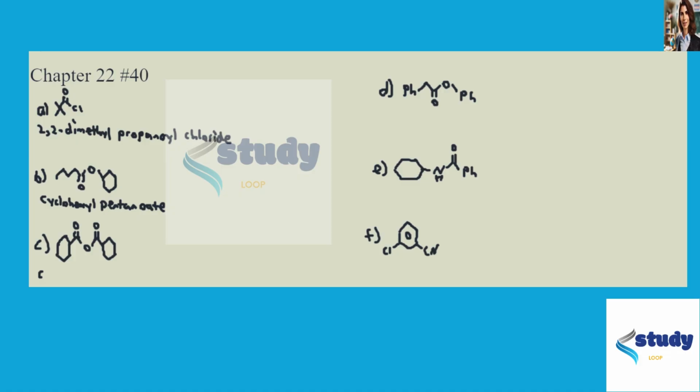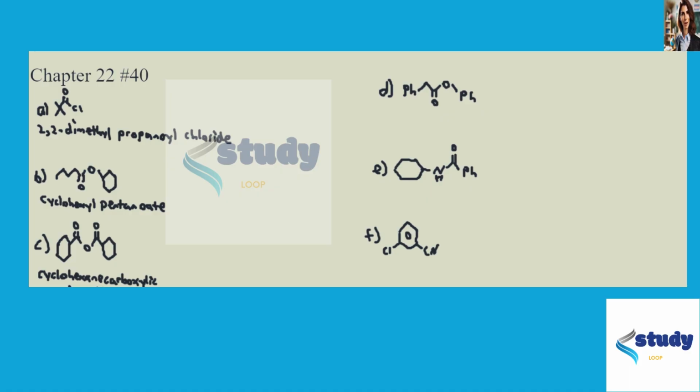So it's going to be cyclohexane, and then since there is a carboxylate group on each, it will be cyclohexane carboxylic anhydride. And so that's C.